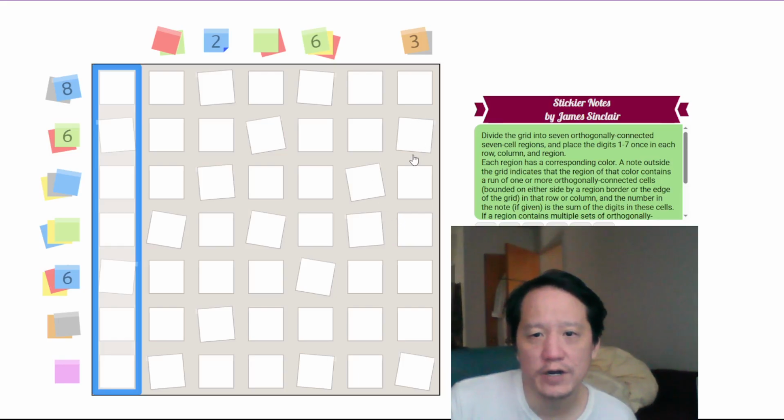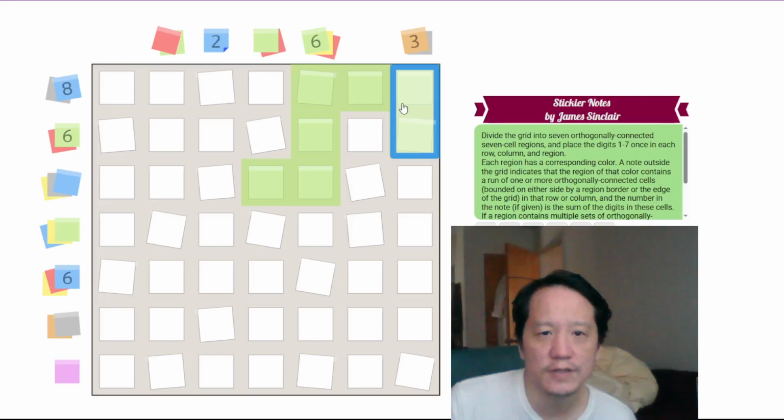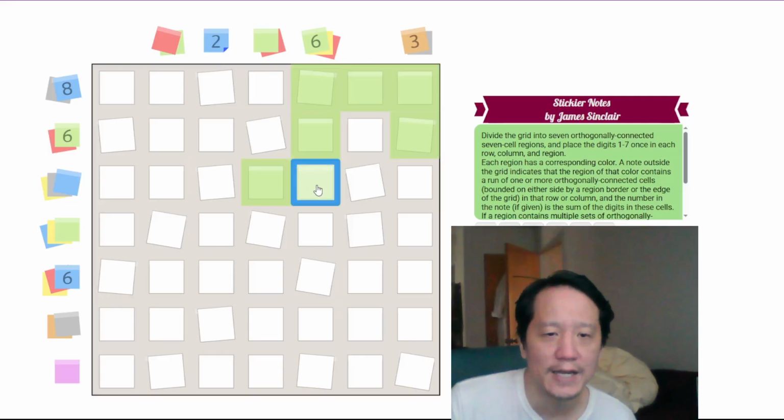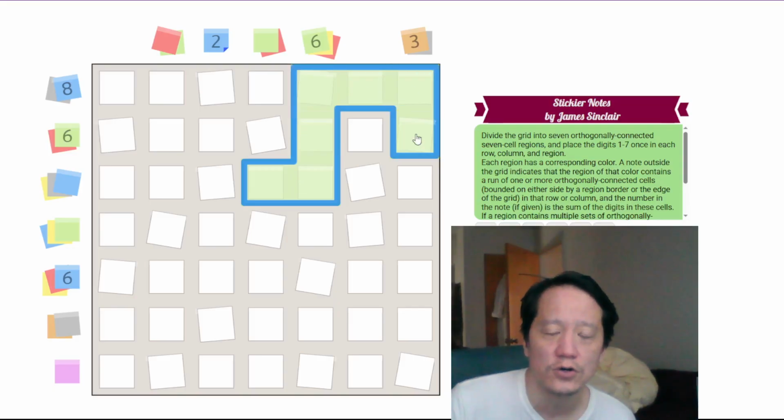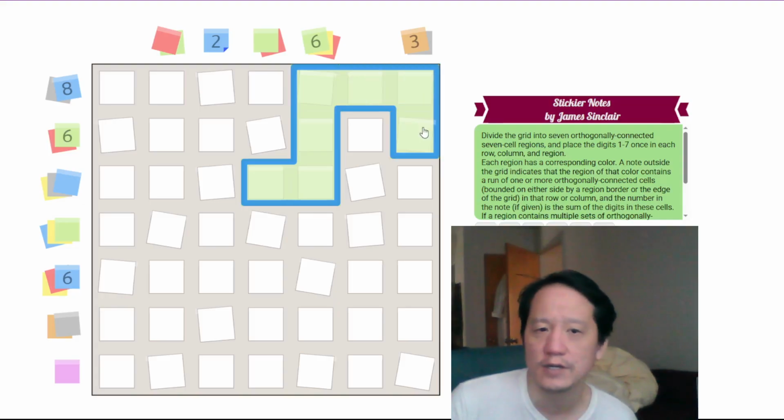What is an orthogonally connected region? Basically, all cells in that region can go to any other cell in the region just by going through edges, all while staying within the region. So this would be an example of a valid orthogonally connected region, because to get from this cell to this cell, you can just go through edges, all while staying within the region.